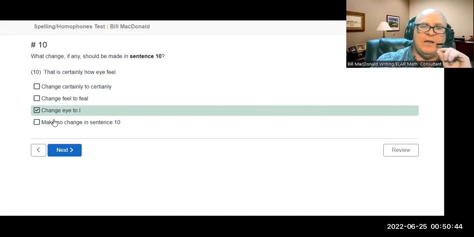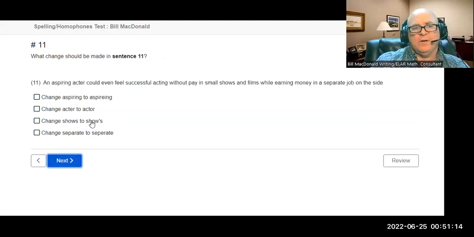And you can't say make no change in a sentence if for sure there's something wrong. Yes, they sound the same, but you can tell just by looking that that's not the I that will touch. So use your eye to trust what your brain has taken a picture of before in the context. So I need the pronoun I in that case. Sentence 11, capital, an aspiring actor, looks kind of weird.